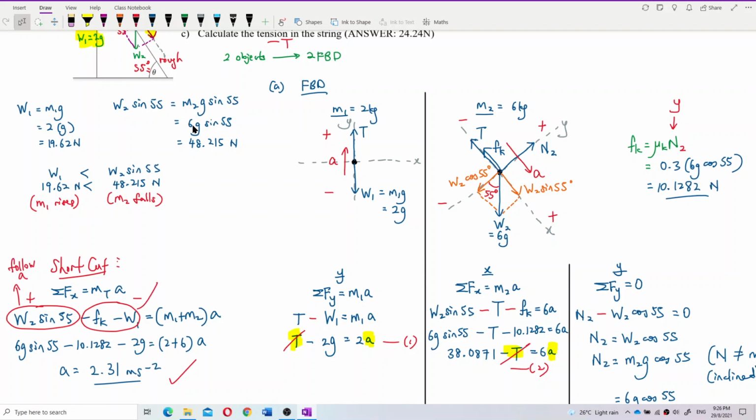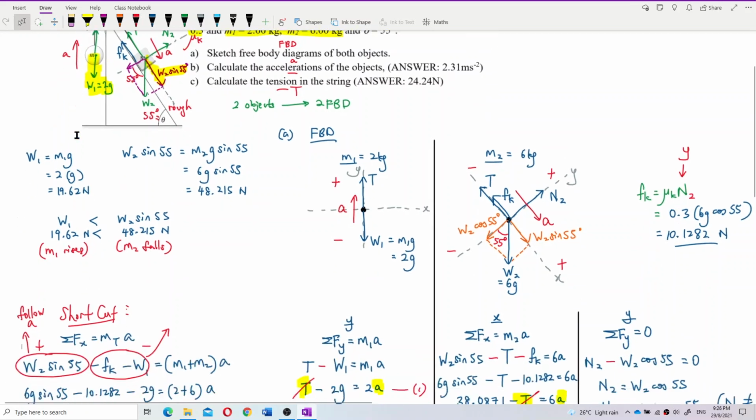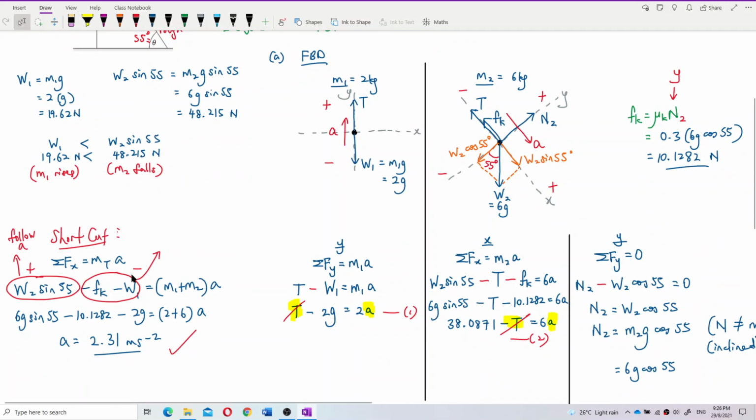And this one is negative because friction and weight 1 are opposite the acceleration. That's why they're negative. So that's it for these questions.